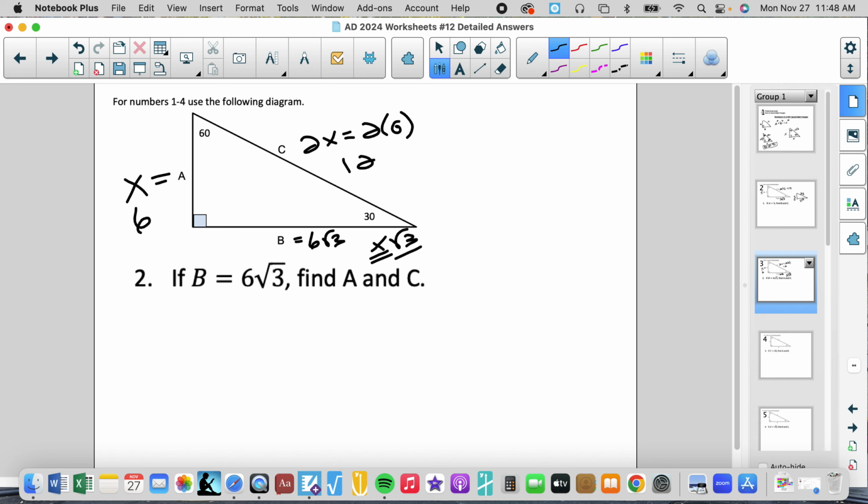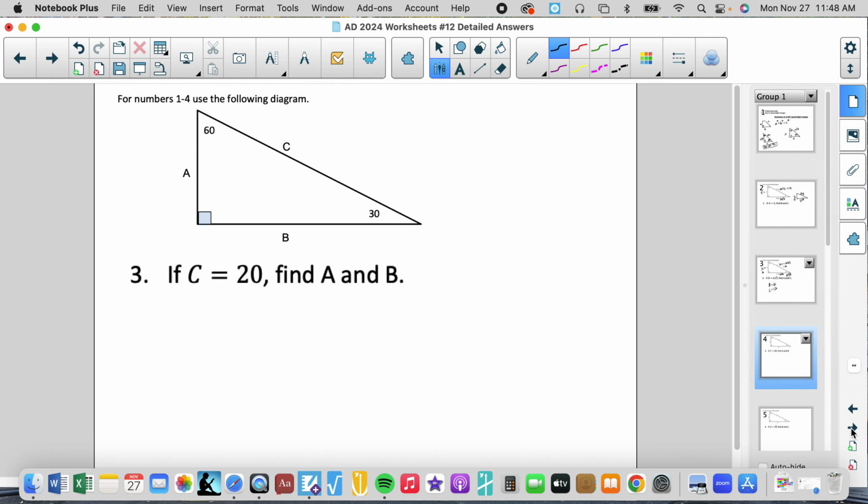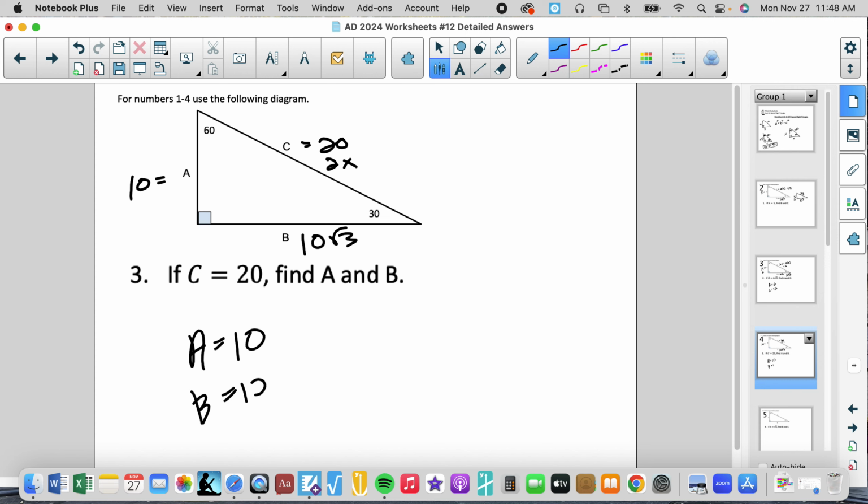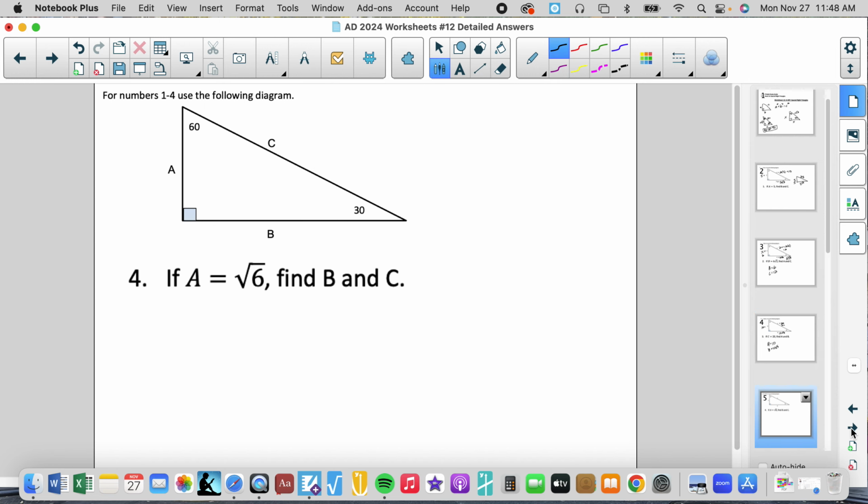So A is going to be 6, C is going to be 12. We like that very much. All right, now C is 20, so this is equal to 2x. If we solve for x, A is going to be 10, and then B is going to be 10 rad 3. Those are still relatively simple.